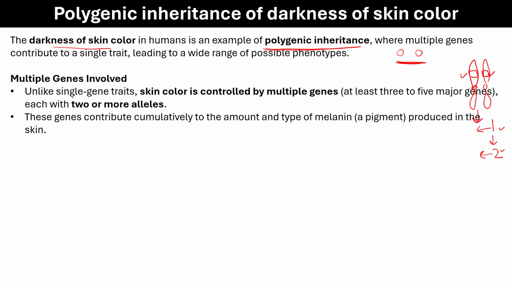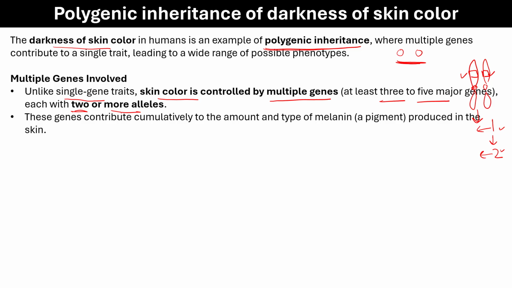So, unlike single gene inheritance, inheritance of characters like skin color is controlled by multiple genes. It can be up to 3 or 5 genes that control the character. And usually there are 2 alleles for one gene, but there can be more than one allele for a gene. So you can imagine how complex it gets.